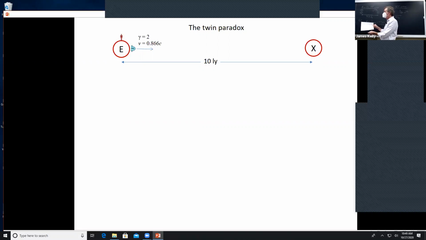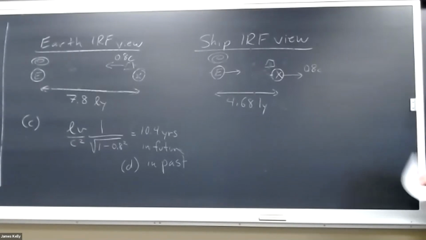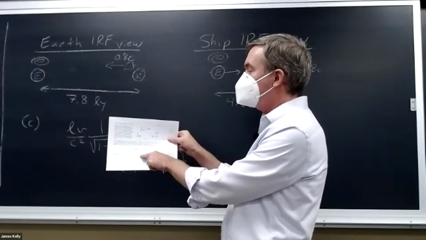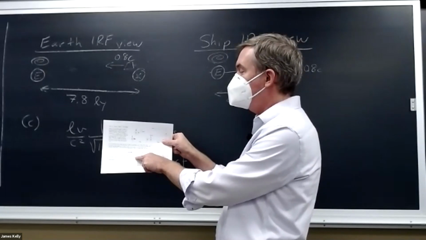So in other words, here's what the reading on the rocket clock, Earth clock, and X clock are at, I should stop sharing here so people at home can see what I'm pointing at. Here's what the rocket clock, Earth clock, and X clock read as the rocket leaves Earth.